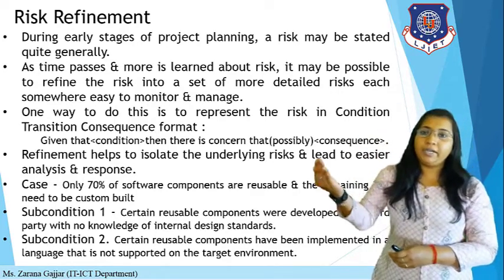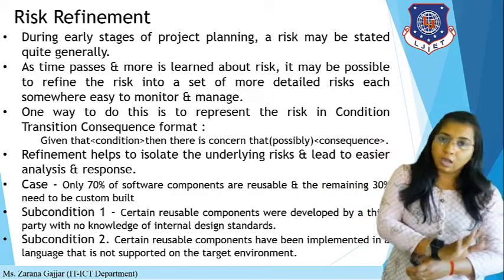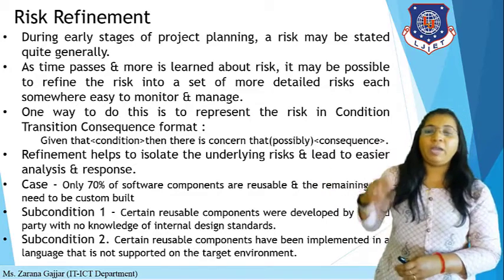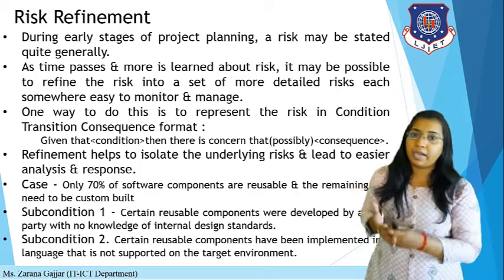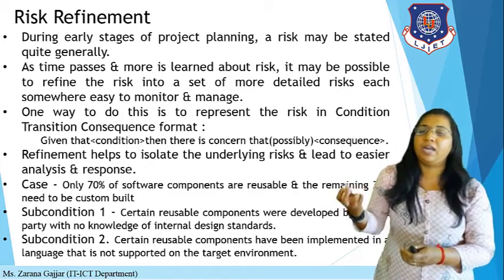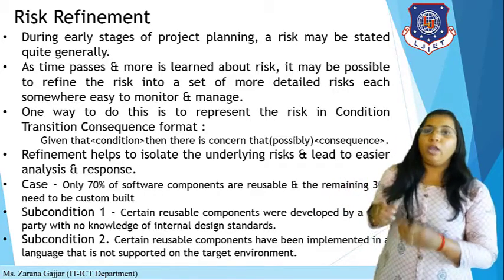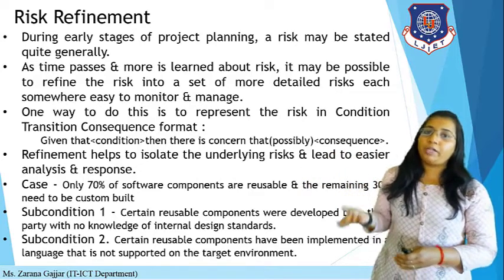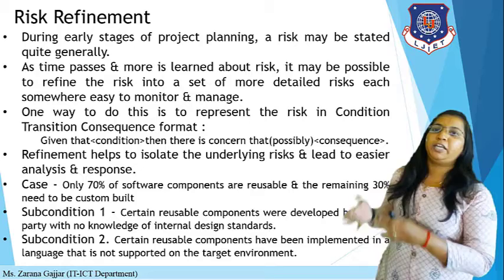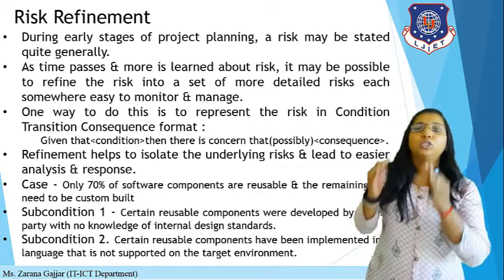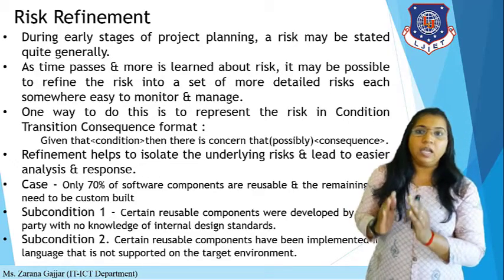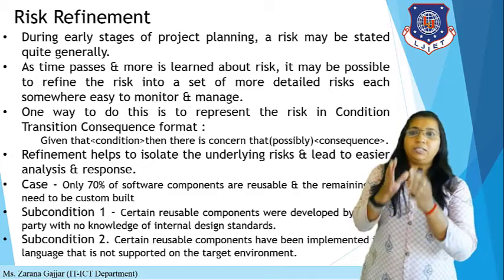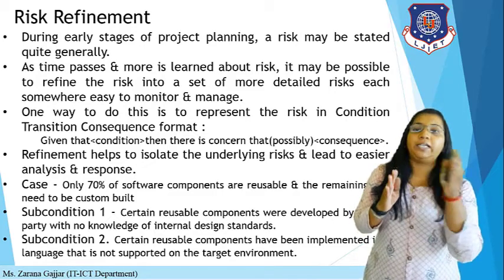So here: condition, transition and consequences. Refinement helps to isolate the underlying risk and leads to easier analysis and response. For example, only 70% of software components are reusable and the remaining 30% need to be custom built. This is your case. Now you have to represent this in a CTC format.